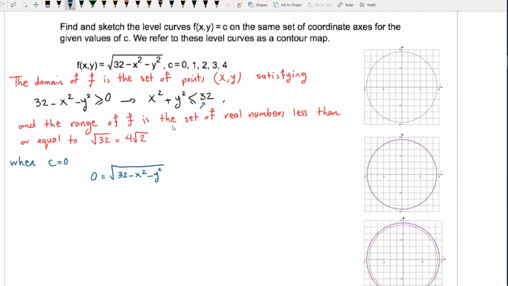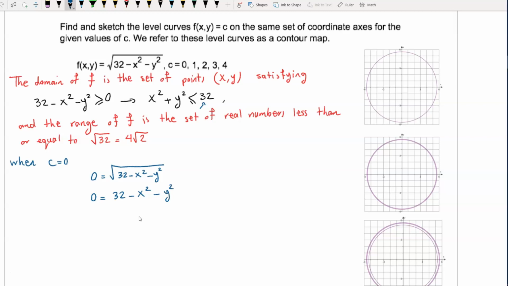Now to find the level curve for c equal to 0, we're going to use f of x, y equal to 0. So here we have 0 equal to the square root of 32 minus x squared minus y squared. So using the square on both sides, we have 0 equal to 32 minus x squared minus y squared.